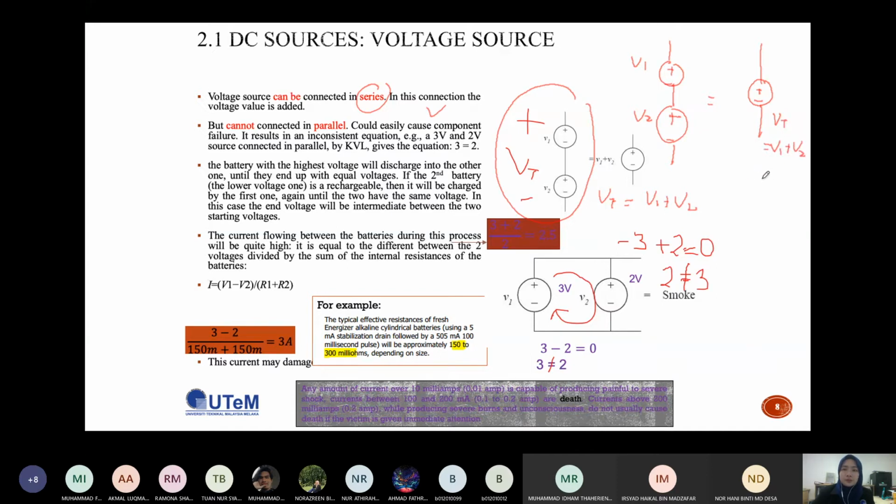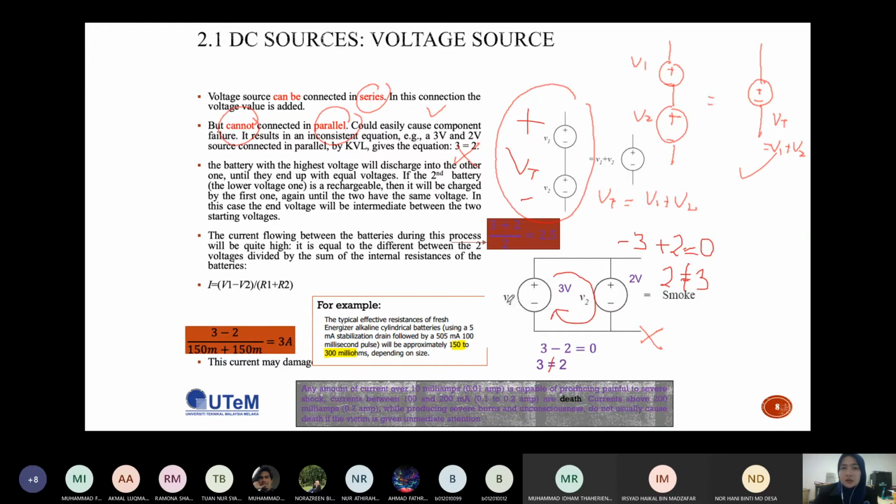So you can connect the voltage sources in series. However, the voltage source cannot be connected in parallel. It cannot be connected like this. This is the parallel connection, V1 and V2.